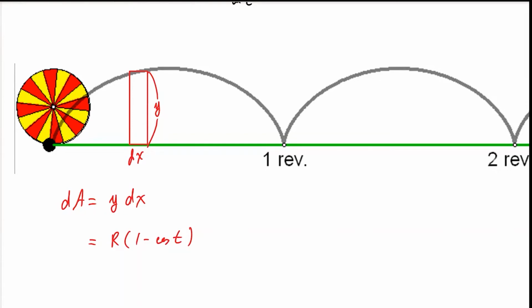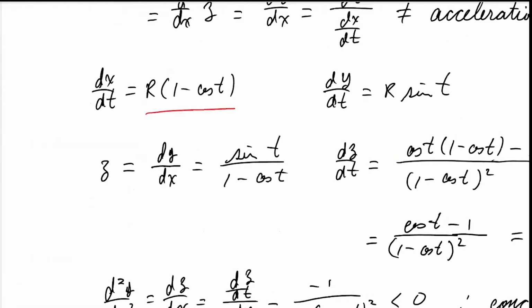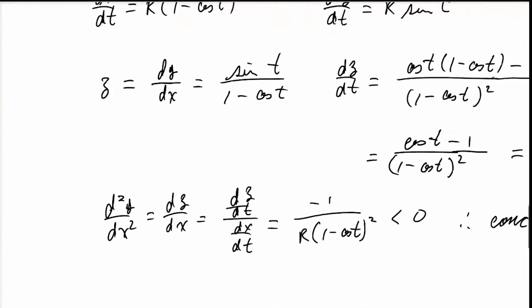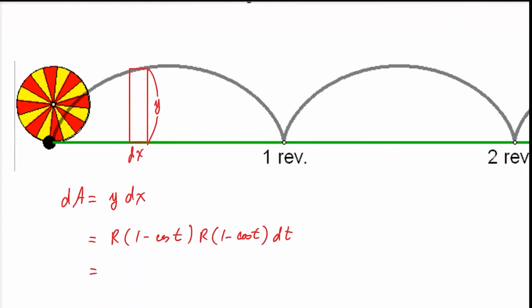Then what's dx? r times (1 minus cosine t) dt. Up here, see, that's dx. They are the same thing? Yes, they are. So what that gives us, of course, is r squared times (1 minus cosine t) squared dt.